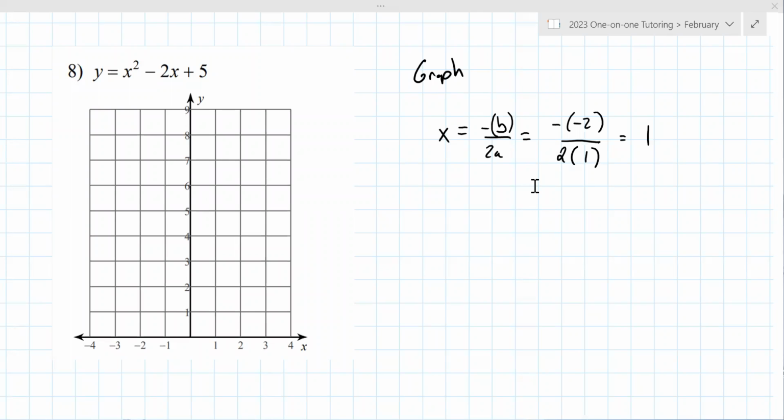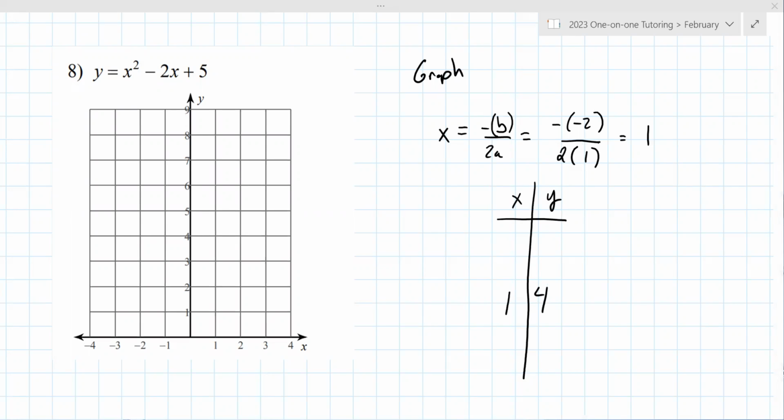All right. So again, if it were me, I'd make a table here, with the vertex 1, 4, and then fill in the rest of those points. Then plug in 0, so then 0 minus 0 plus 5 is 5.